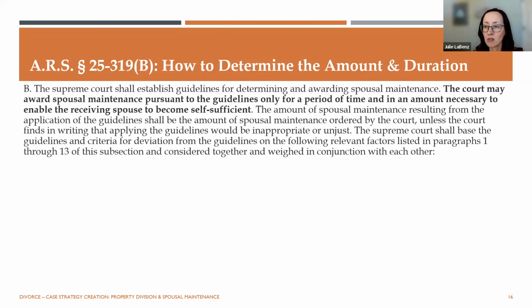So there's a very keen focus on using the maintenance award to achieve self-sufficiency. What this means is that indefinite awards of spousal maintenance are now very frowned upon under Arizona law. And, this just changed last year, so we'll see how it happens in practice. But I would imagine getting an indefinite award is going to be very difficult with this new language.